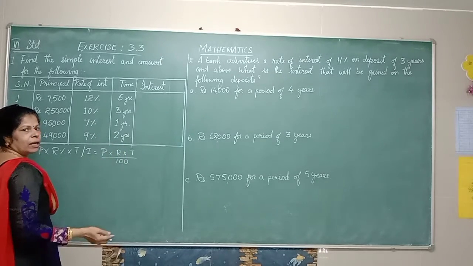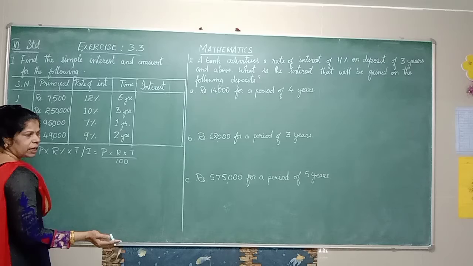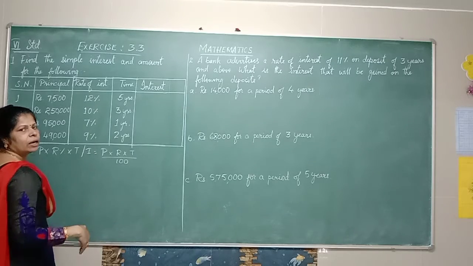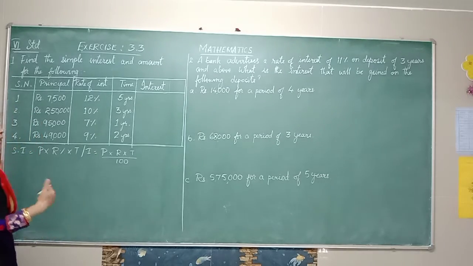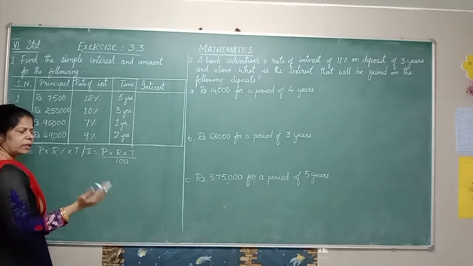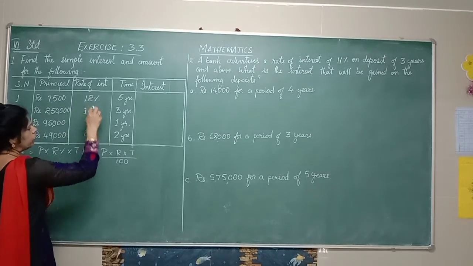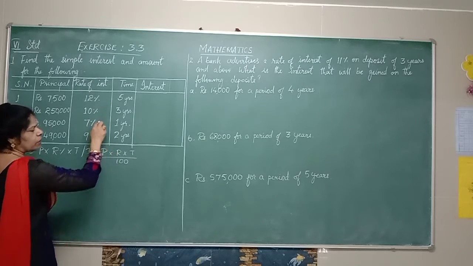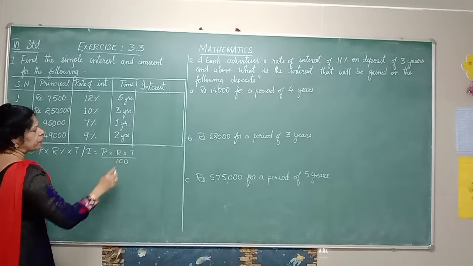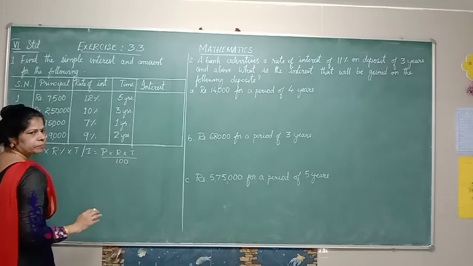It can be for depositing or it can be for a loan, for borrowing. Principal is the amount, rate of interest is calculated per 100, and time is this.